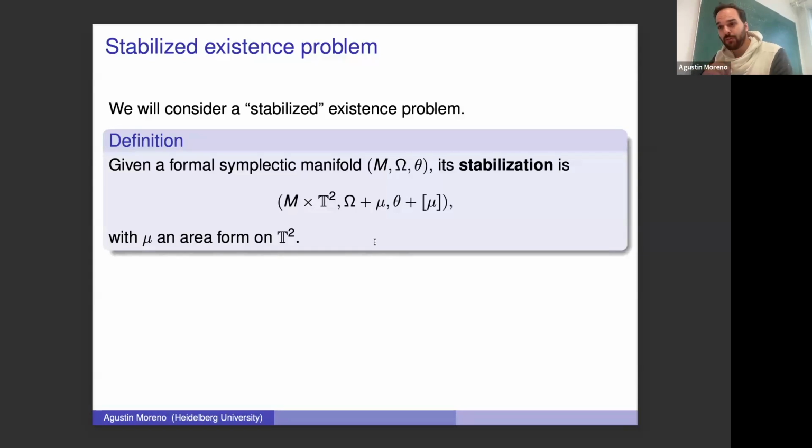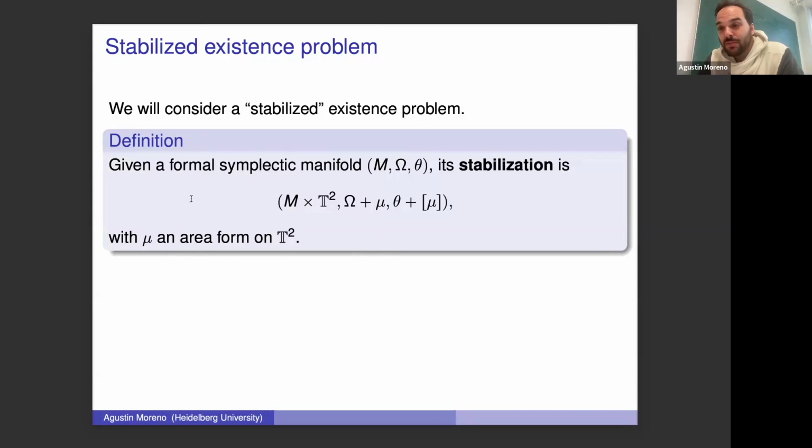Okay, so you might complain here because stabilization in the literature means different things. Some people call stabilization taking the product with C, a Riemann surface, or maybe S2. For the purposes of this talk and also the paper, I will call stabilization taking the product with T2. Okay. So I'm trying to defend myself against future questions.